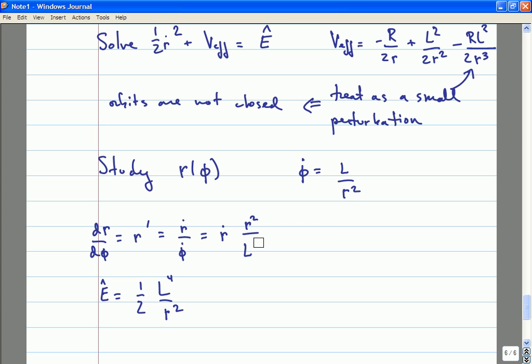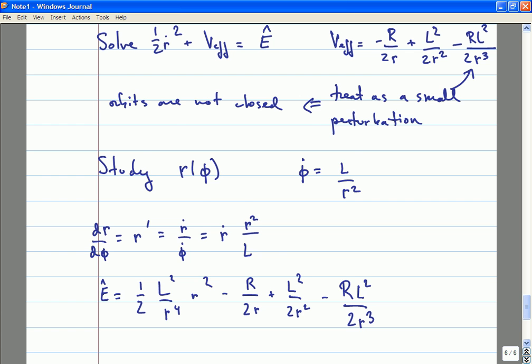So it's 1/2 L squared over r to the 4th times r prime squared plus V effective, which is minus r over 2r plus L squared over 2r squared minus r L squared over 2r cubed. Sorry, r prime squared. Is that what you were saying? Yeah.